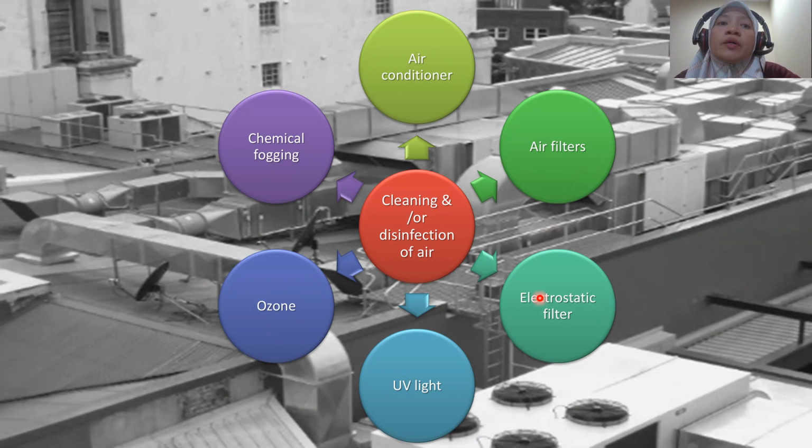We may also use electrostatic filters, UV light, or ozone and chemical fogging. Hypochlorite fogging using a fogging spray gun is commonly done in the food industry, as the chemical needed is normally available in the premises, because hypochlorite is commonly used for cleaning and sanitizing. The target concentration for the fogging solution is within 600 ppm of chlorine.